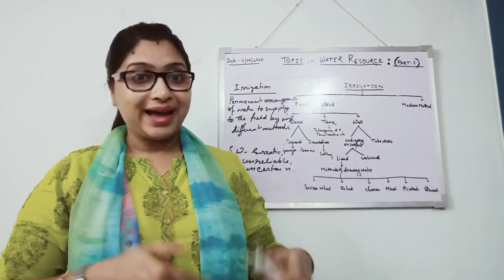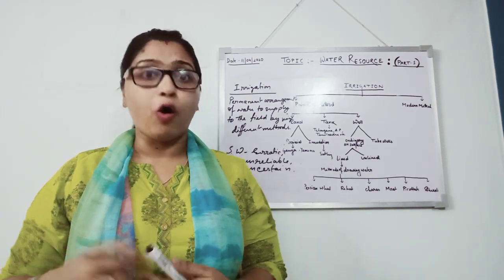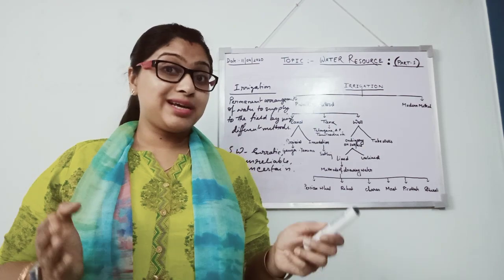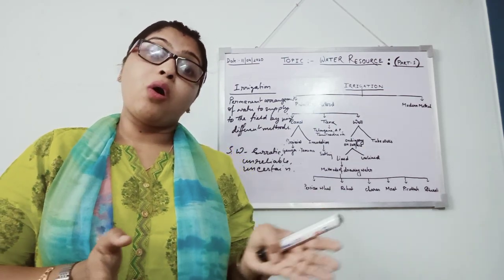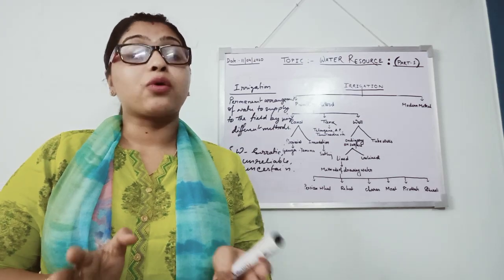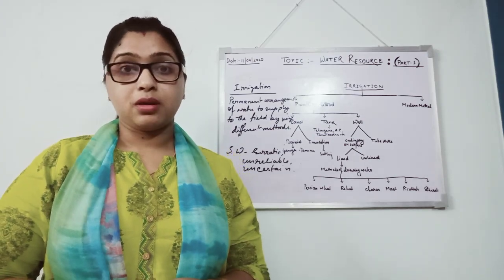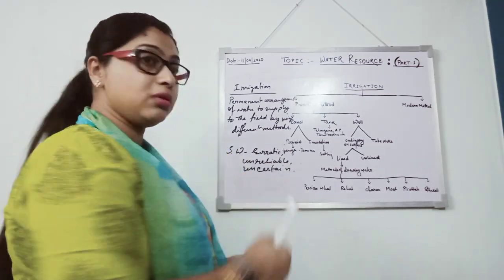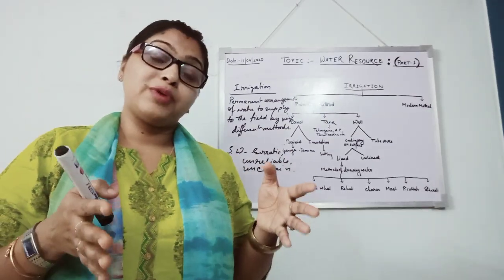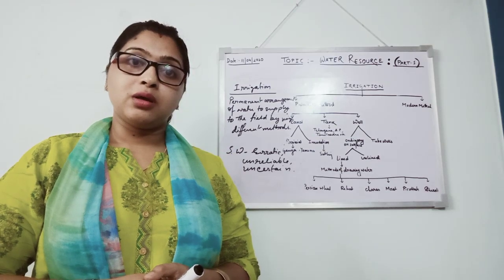Now in that case we have to go for alternatives, because India is agriculture based and we have different seasons, basically cropping seasons. If we only depend on the southwest monsoon, then we can't grow crops.